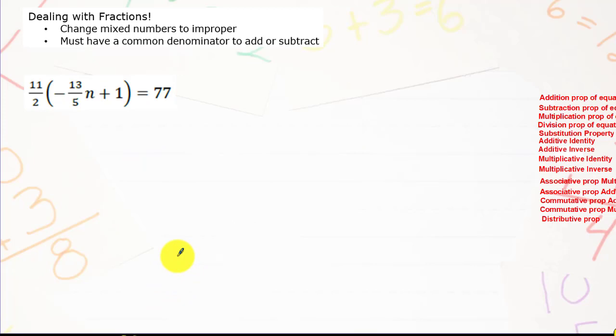All right, for this next question, we can have two possible ways on how to solve this, okay? But what I'm going to do here is to use first our multiplication property, okay? Now, some of you might distribute your 11 halves into the negative 13 over 5 n and then to 1.